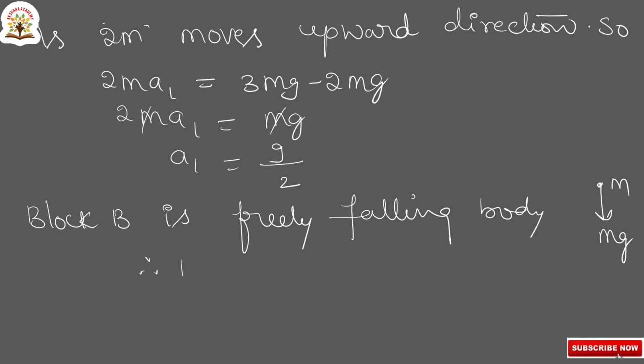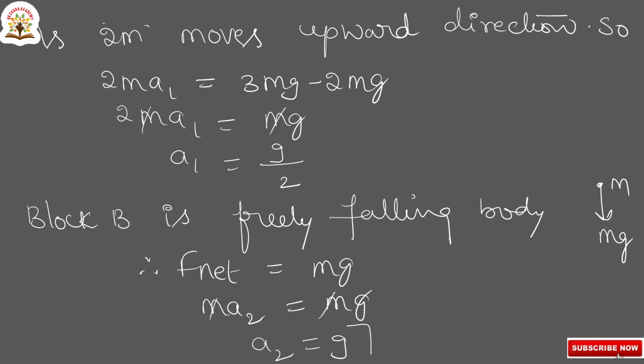Therefore F net is equal to m a2, that is equal to mg. Cancel, a2 is equal to g. This is the acceleration of block B. So a1 we are getting g by 2 and a2 we are getting g. This is the final answer. Next we will go to the next question.